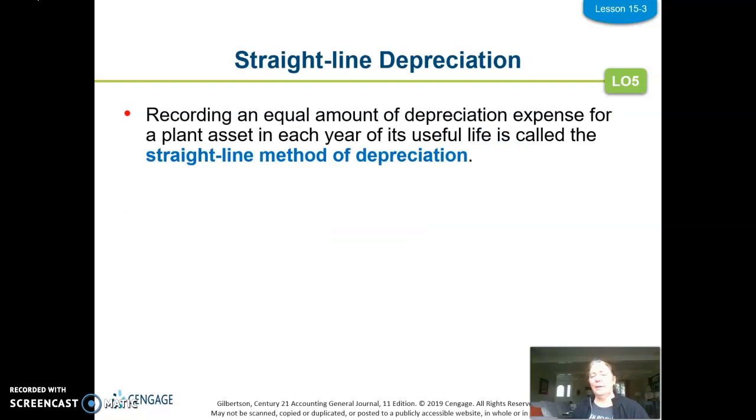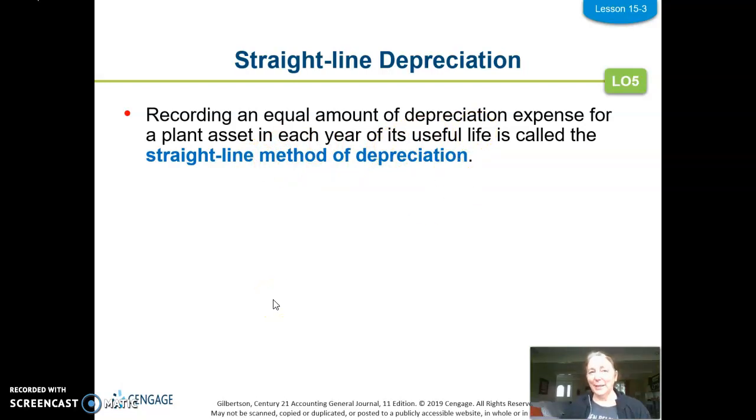So the method that we're going to use, and there are 4 methods that are allowable under generally accepted accounting principles, but for first year accounting, we're just going to look at straight line depreciation. So straight line says we're going to record an equal amount, and that is key, an equal amount of depreciation over its useful life.